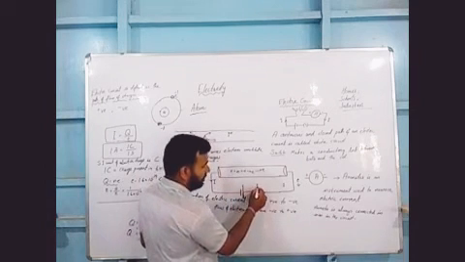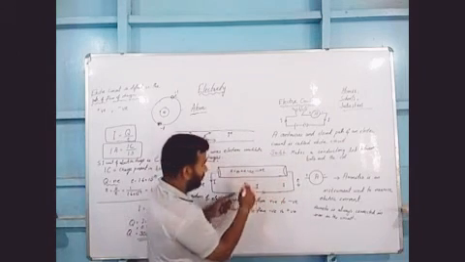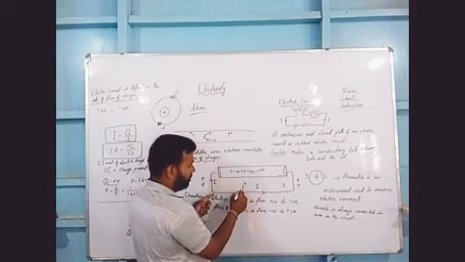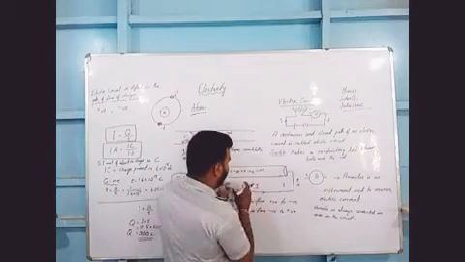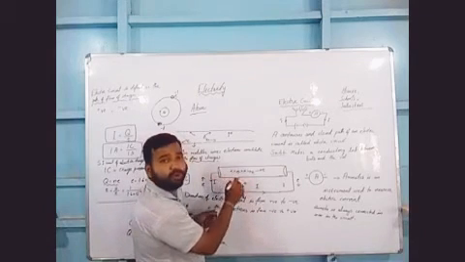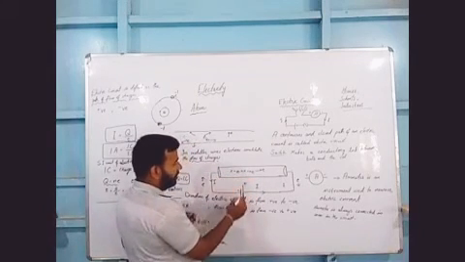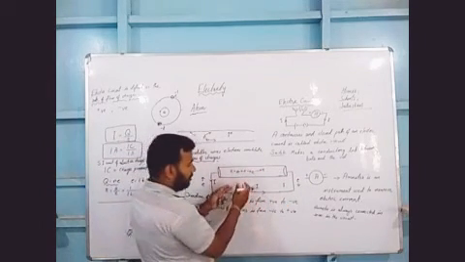The direction of current flow is always from the positive terminal to the negative terminal. But the direction of flow of electrons is actually from the negative terminal to the positive terminal.